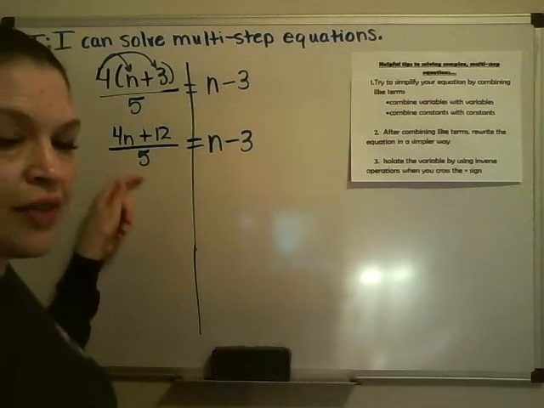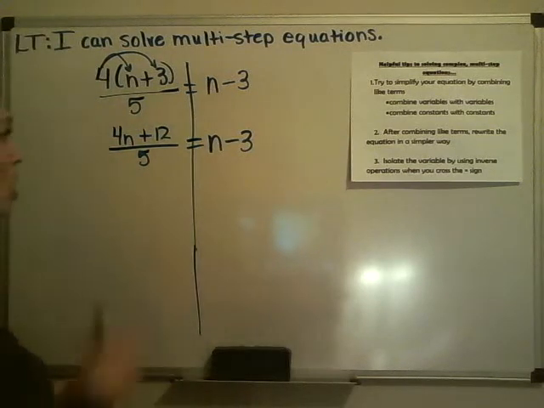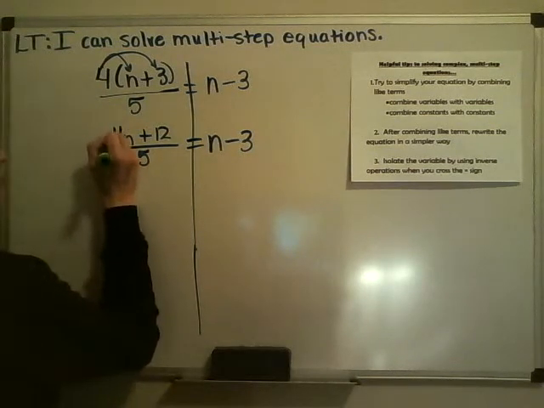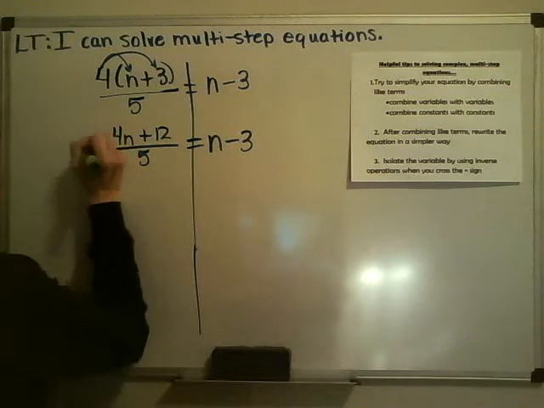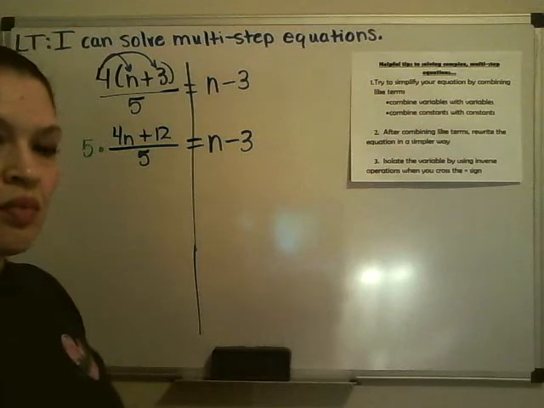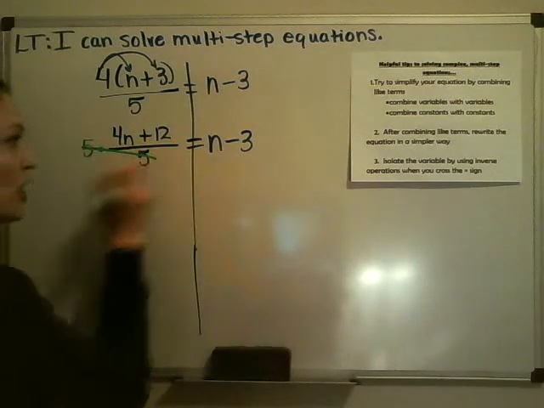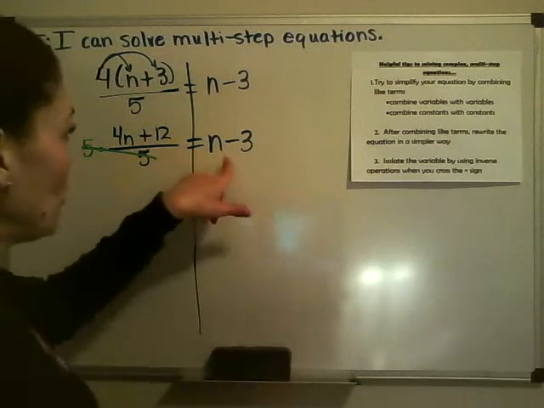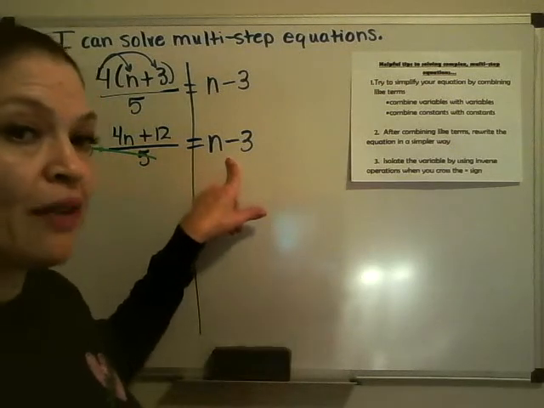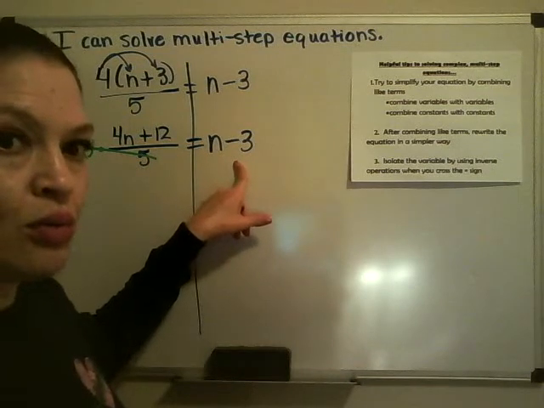If it's dividing by 5, then what do we want to do? We want to multiply by 5. But wait, if you multiply by 5 here in order to cancel, don't you have to multiply by 5 on this side? Yeah, you do.